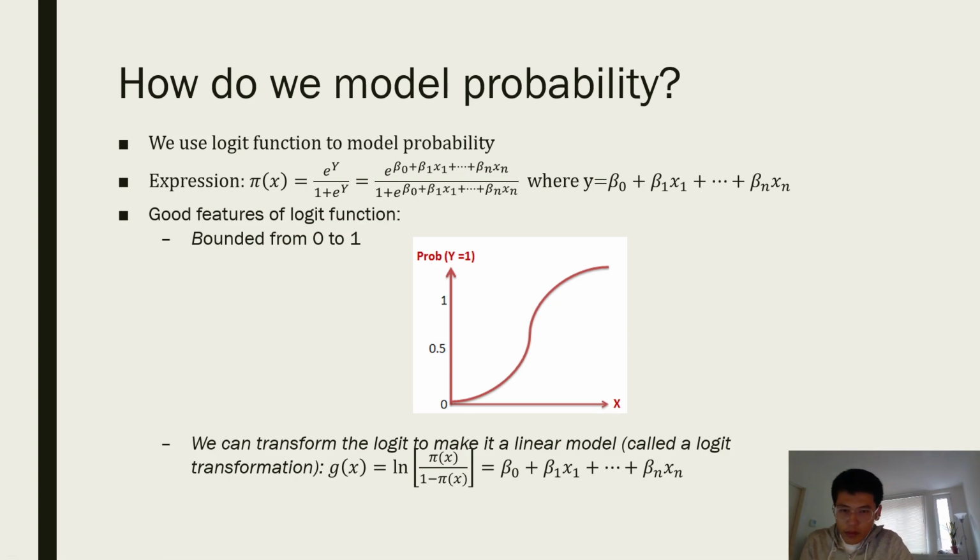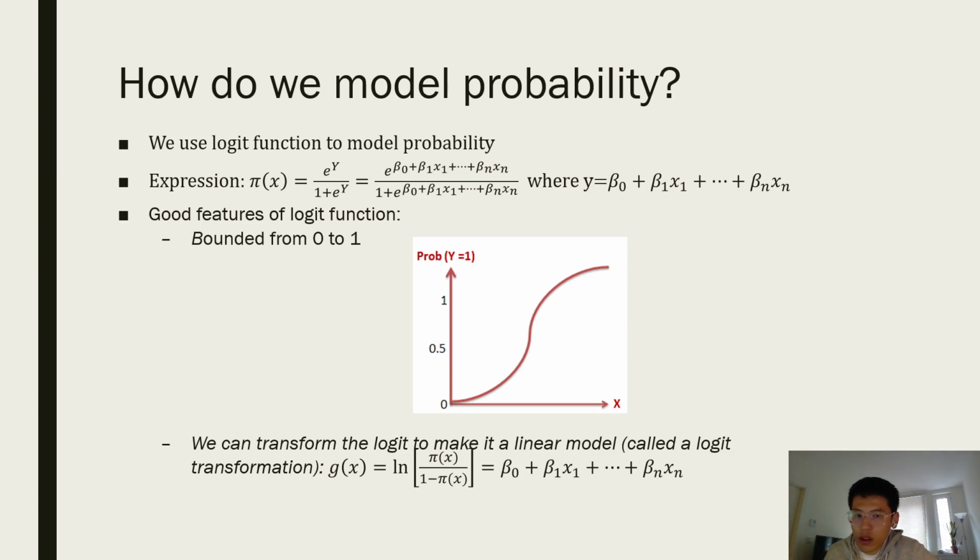Okay, and then there are some good features of the logit function. The major one is that, for multiple regression, as you know, the regression line is not bounded. It is just an infinite line, from negative to positive.